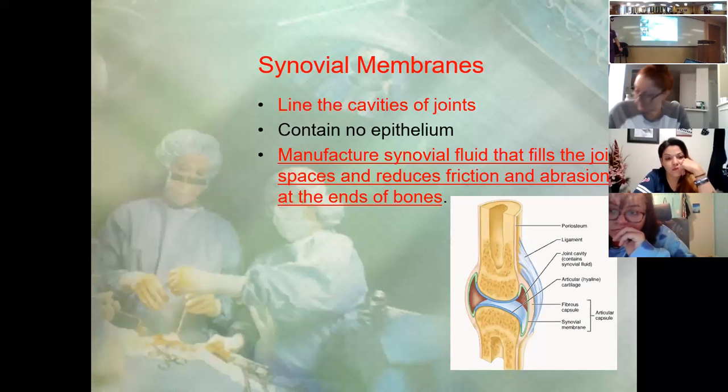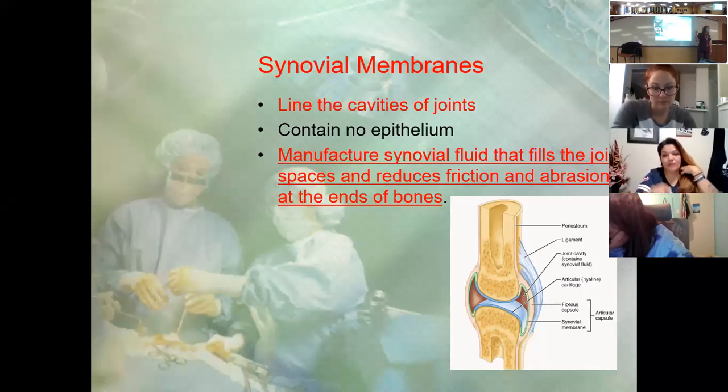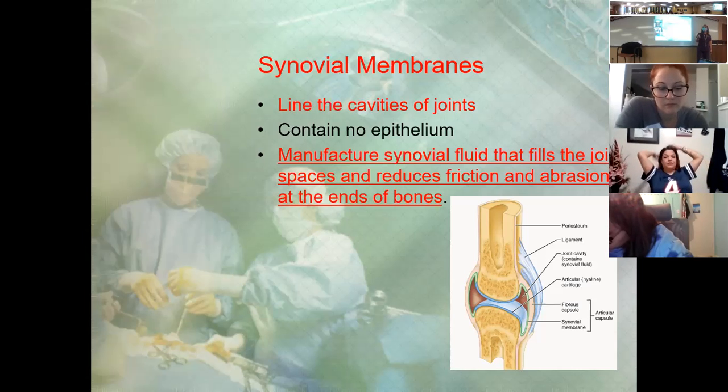So your diarthrosis are the freely movable joints. And we have to have oil to keep the Tin Man moving. The synovial membranes are what are going to create that oil. They create this very slippery fluid. It's very, very thick and very, very slippery.